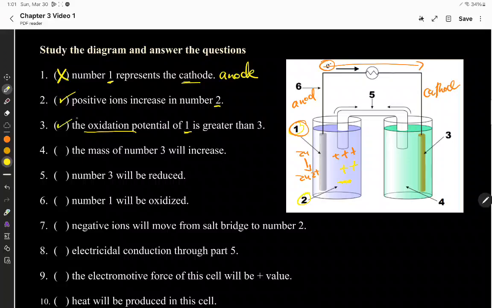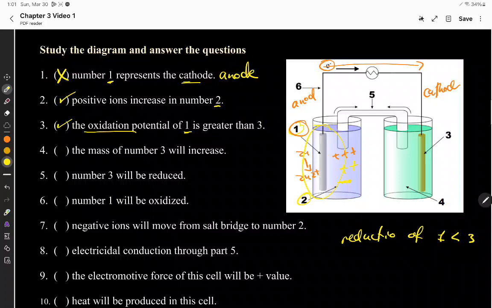This is true. But the reduction potential of 1 is less than 3. If we speak about oxidation potential, then the oxidation potential of the anode is greater than the oxidation potential of the cathode.